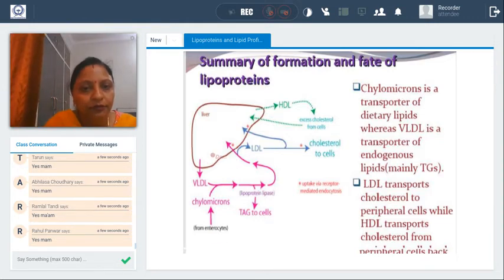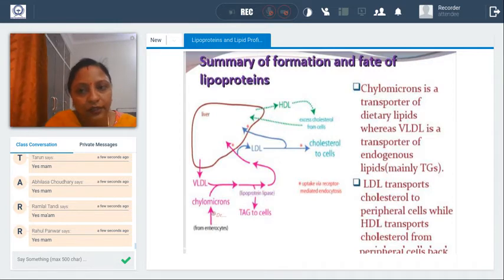You can see in this slide, chylomicrons is a transporter of dietary lipid, and VLDL is a transporter of endogenous lipid, mainly TG, this exogenous and this endogenous, and LDL transports cholesterol to cells. This is the function of SDL.